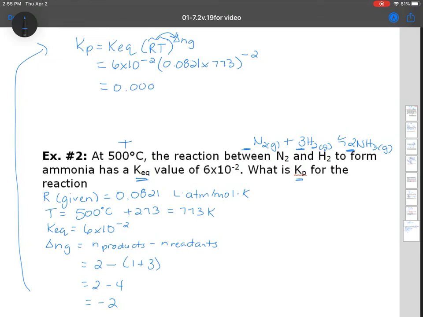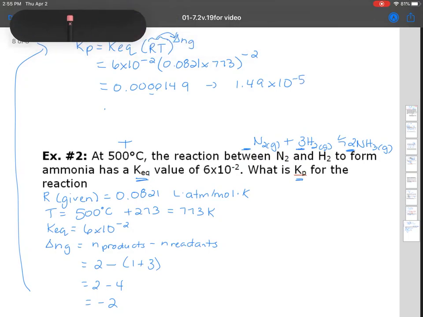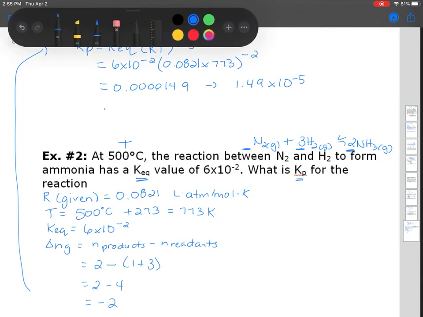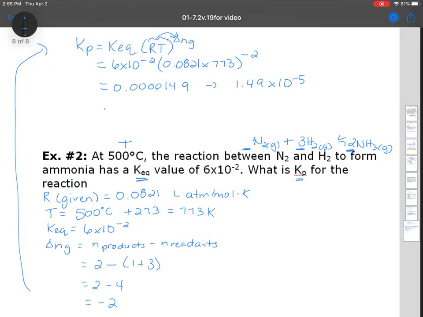So just be careful of BEDMAS there. And again, if your calculator gives you an answer like this, that's fine. If you are into scientific notation, you can do that, but you don't have to. So you go 1, 2, 3, 4, 5 spots. Okay, but you can certainly leave your answer not in scientific notation, that's fine.